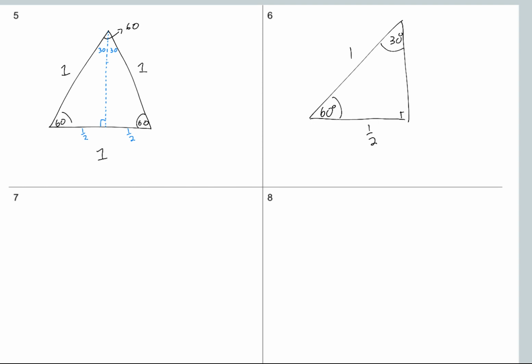Square one, square the other, add them together, and that'll give you 1. If it helps, I'll label it for you. There's an X. All you need to do is find that missing side. I'm not asking you to do anything else. You're welcome to jump ahead if you feel like you can.